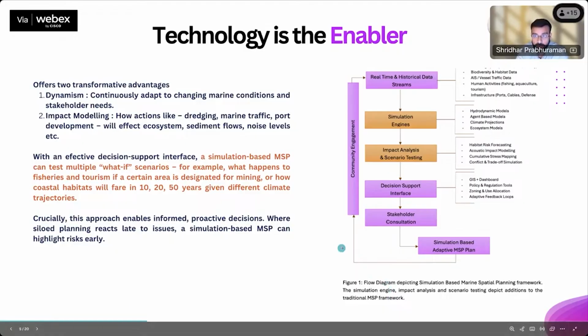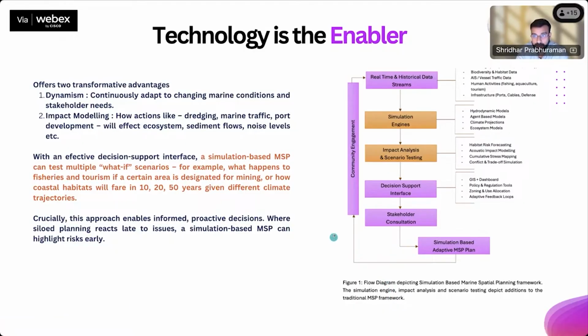So what we are trying to showcase here in simulation-based MSP is that it is supposed to be enabled with real-time and historical data streams. So all kinds of biodiversity, habitat data, AIS data, human activities, infrastructure, ports, cables, defense, everything that comes in there. And we place that on top of simulation engines. These simulation engines vary from application to application, depending upon what we are looking at.